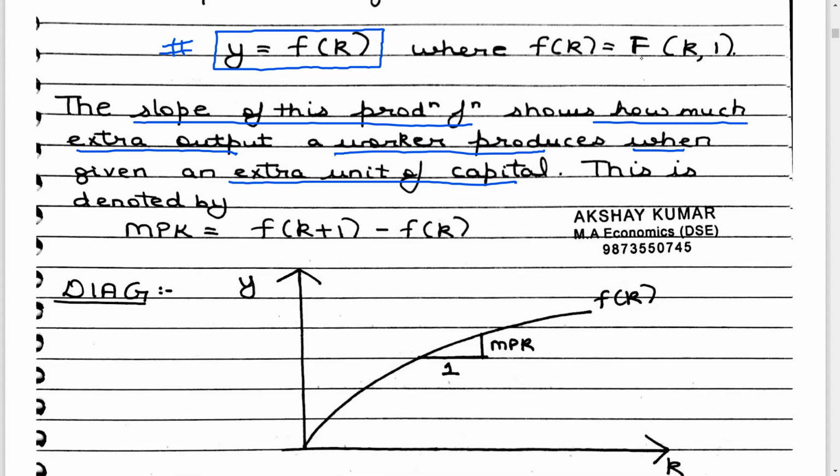In economic terms, this is also called the marginal productivity of capital per worker, MPK. This means how much extra output one particular worker will produce if you hire one more unit of capital will be captured by MPK.